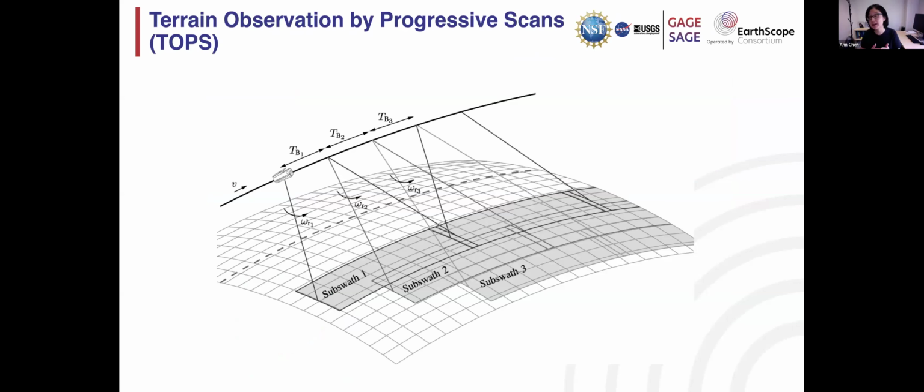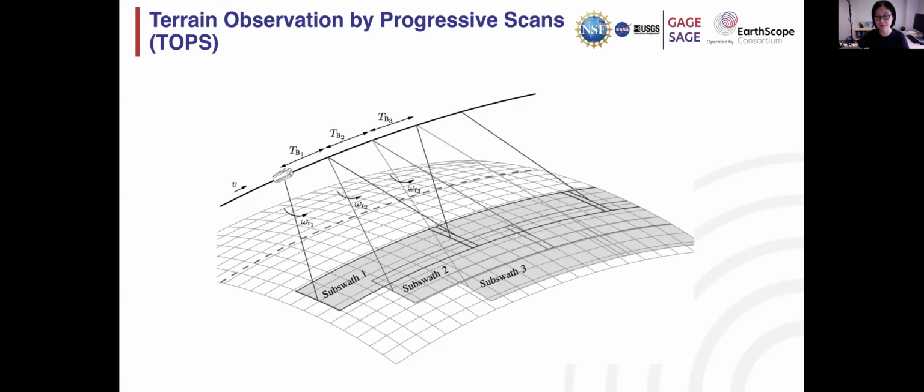Again, they still divide all the bursts into 3 subswaths, right? This is TB1, TB2, and TB3. They have 3 subswaths with some overlap between them that facilitates calibration. Also, beyond just steering the satellite imaging geometry in the look angle so you can cover different subswaths, there is also steering from backward to forward.